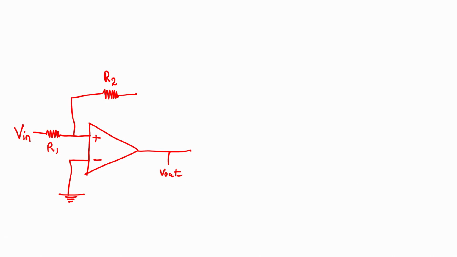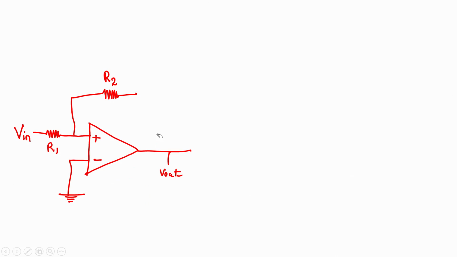Now, if we connect R2 here, this will become positive feedback, because it is a non-inverting configuration, and you are giving a positive feedback. So, this will go into saturation and even oscillate. So, this is not what we should do.